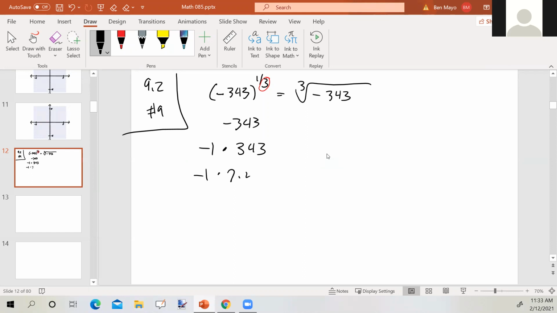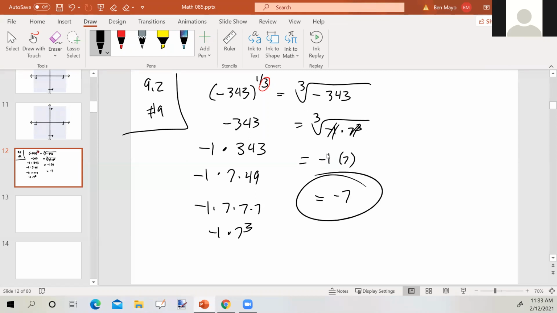Yes, so that's 7 times 49, which is 7 times 7 times 7, or -1 times 7 cubed. Okay, so this equals the cube root of -1 times 7 cubed. The cube root of -1 is -1. The cube root of 7 cubed is 7, so we end up with -7, and nothing is underneath the radical. It's just -7, period.